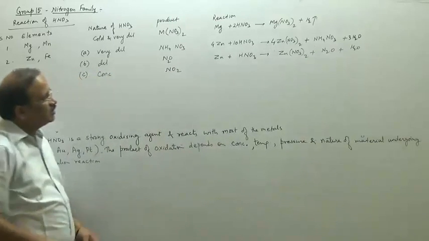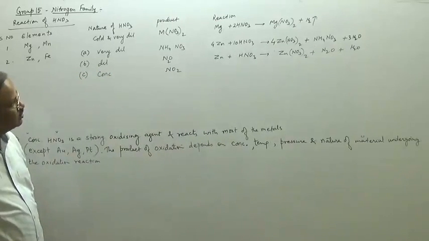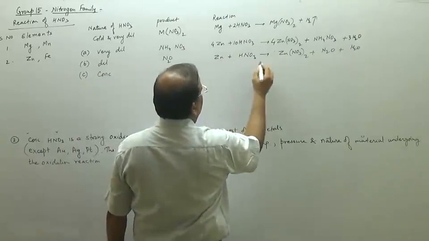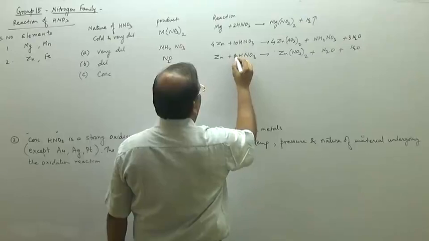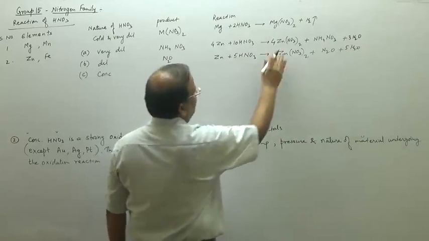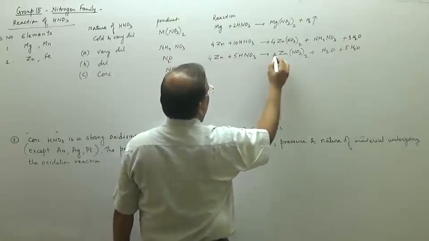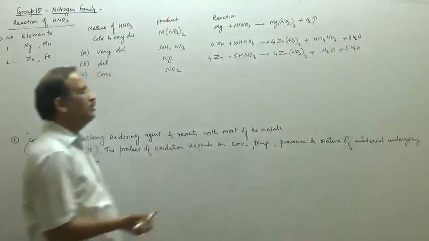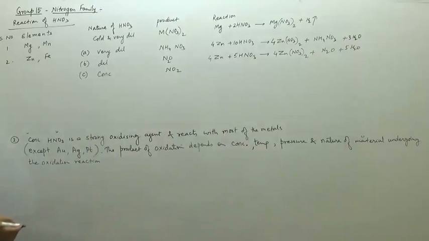We can balance it like this: 4 Zn and 10 HNO3 give 4 Zn(NO3)2 plus N2O plus 5 H2O. That is how we can get the product of the reaction.